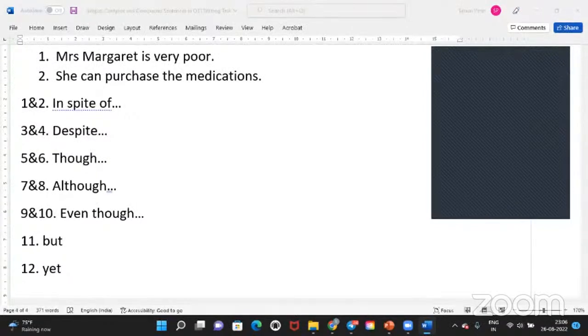Was it necessary in spite of difficulty? So you can write either difficult or necessary. If it is difficult, you can leave it. If it is necessary, you can have it.